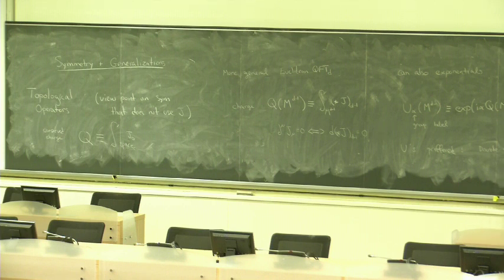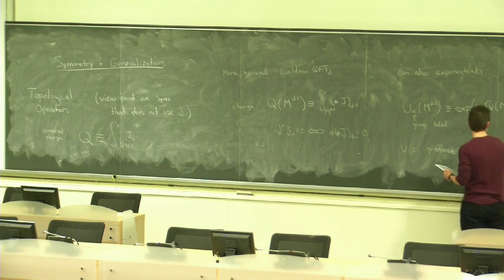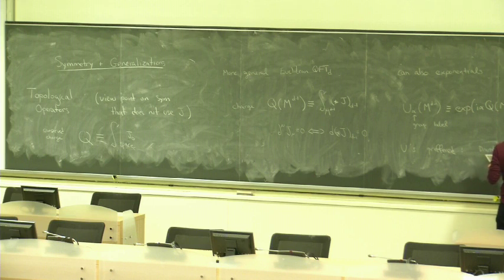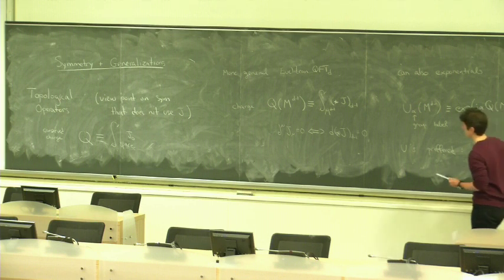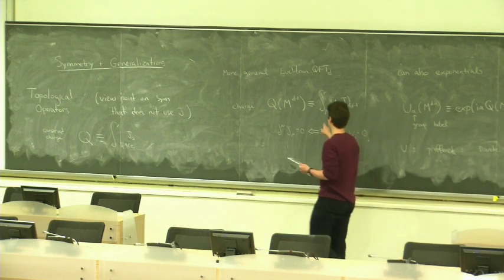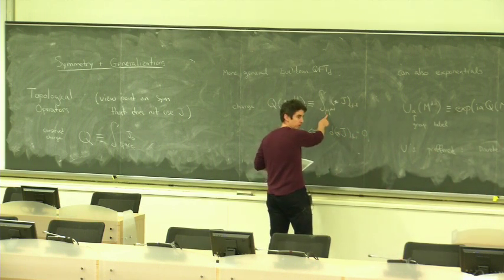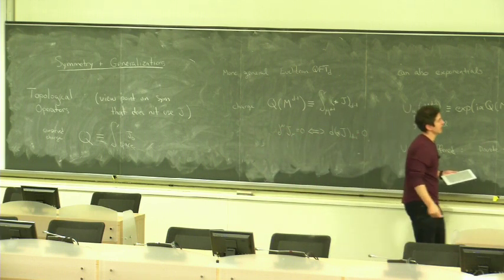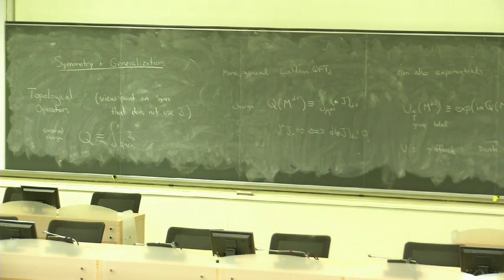Now let's talk about their key properties. They have several. U_α of M_{d-1}: this operator depends on the manifold M_{d-1}. In this formulation we define it as an integral over a manifold. But you could ask, how much does it depend on this manifold?